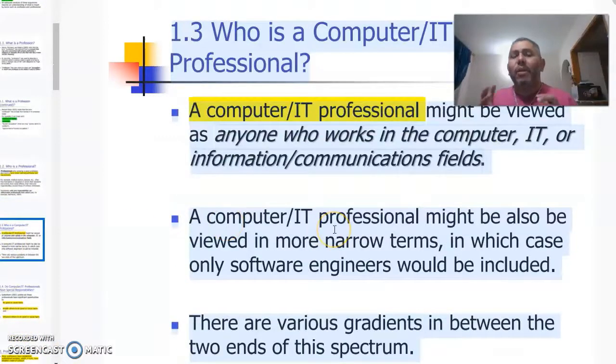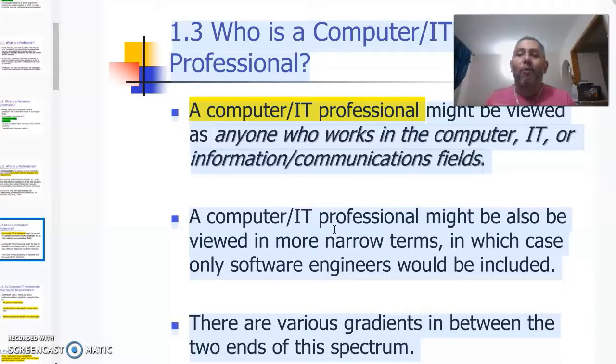Let's move on. So, who is a computer IT professional? It's any person who works in the computer, information technology, or information and communication fields. Now, we can extend this definition, because anybody who uses computers, information and communication technology, websites, or the internet could be a computer IT professional.